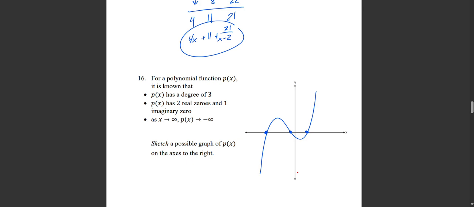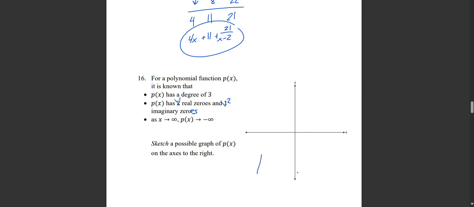Actually, I just noticed that should be 1 real zero and 2 imaginary zeros.